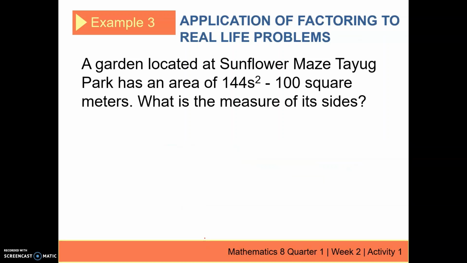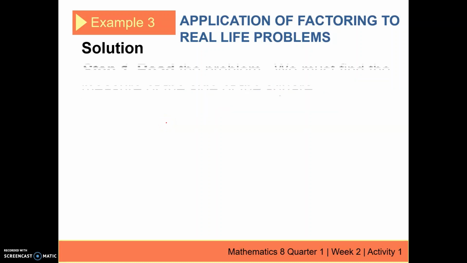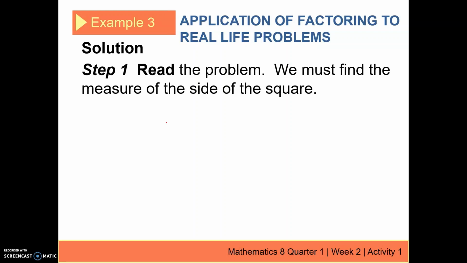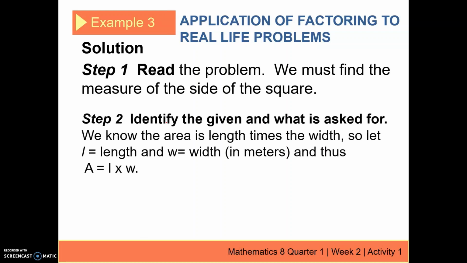Let's have another example. A garden located at Sunflower Maze Tayog Park has an area of 144s squared minus 100 square meters. What is the measure of its sides? Step 1. Reading the problem, we learned that we must find the measure of the side of the square.